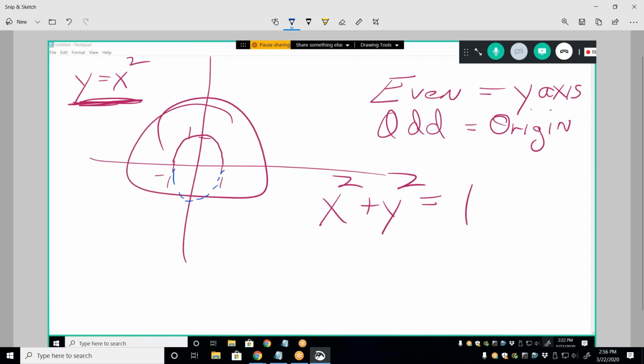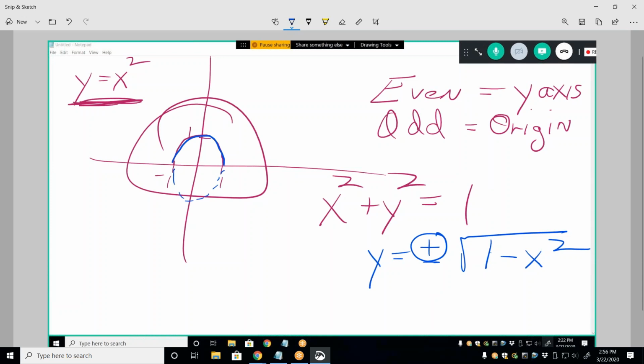But it wouldn't be a function. And if I solve this equation of the circle, I get y equals plus or minus square root of 1 minus x squared. What you are looking at in that red half of a circle is the plus side of that function.